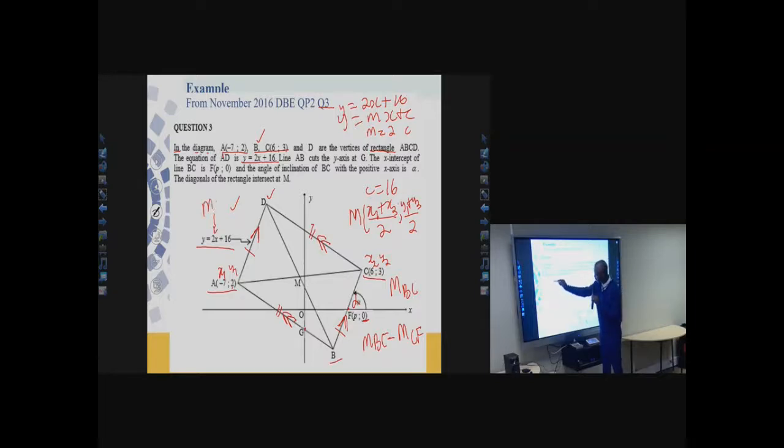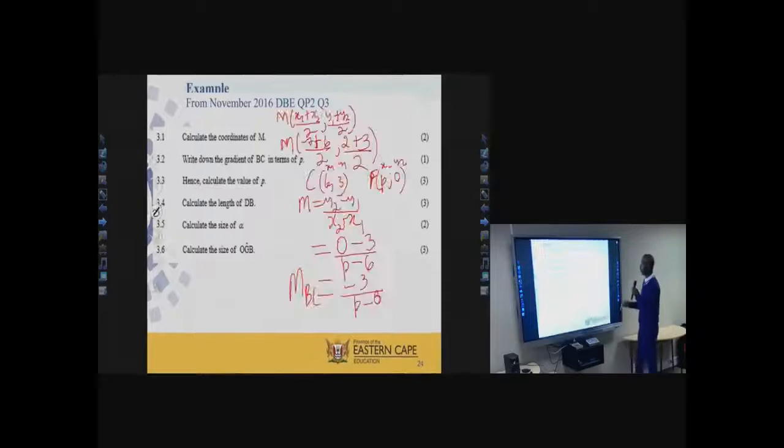The gradient is equal to 2. So the gradient of AD is equal to the gradient of BC is equal to 2.